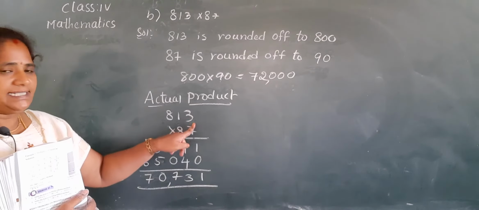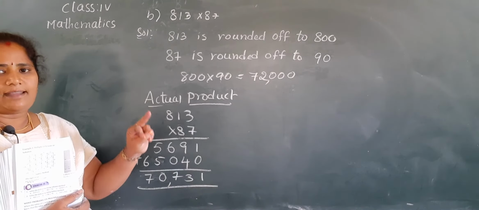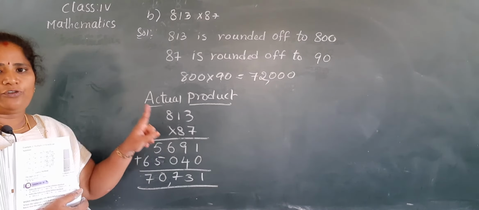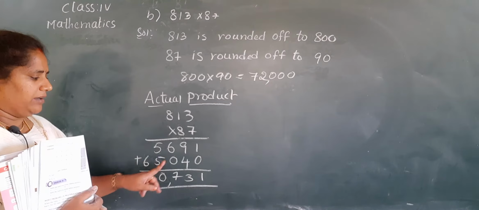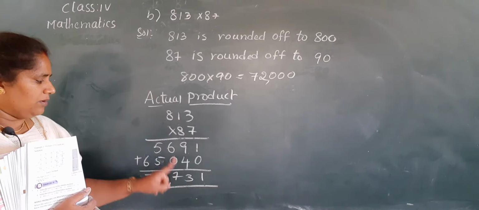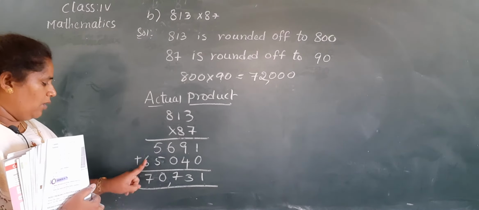So here 8 3s are 24, 2 in hand, 4 is down. 8 1s are 8, 9, 10, 1 in hand, 0 is down. 8 8s are 64 plus 1, 65. Now add: 1, 13, 1 in hand, 3 is down, 1 plus 6, 7, 5 plus 5, 10, 1 in hand, 0 is down, 1 plus 6, 7.